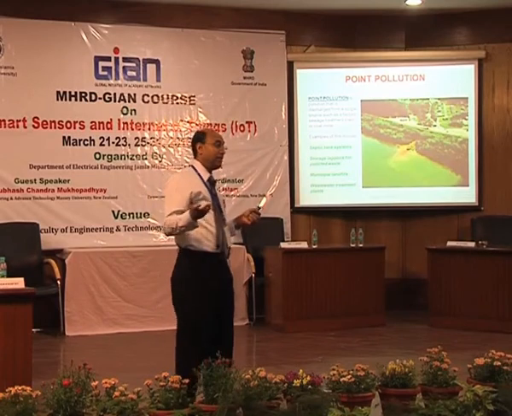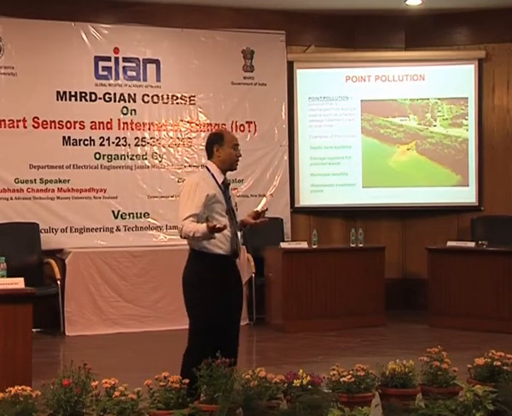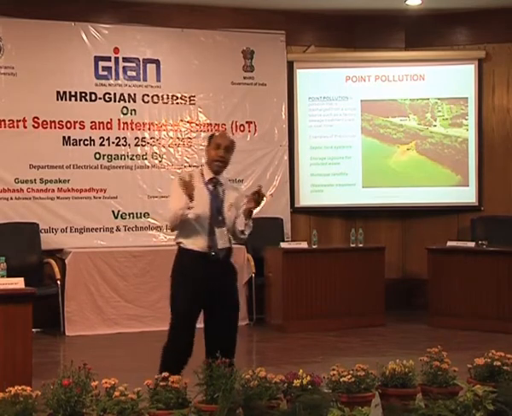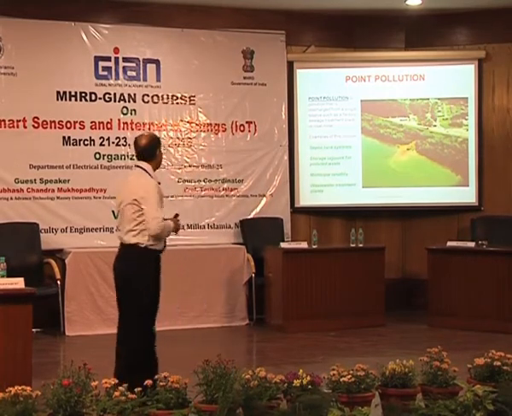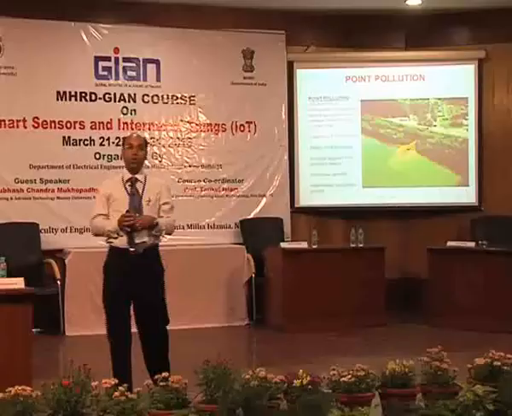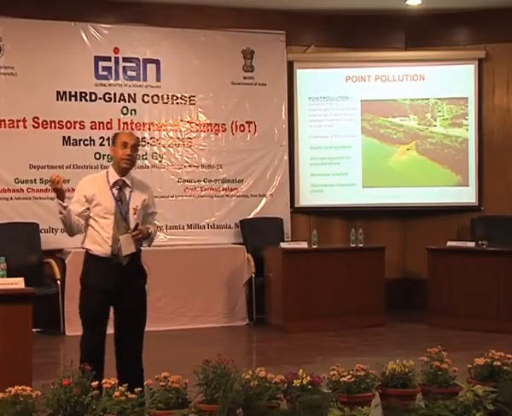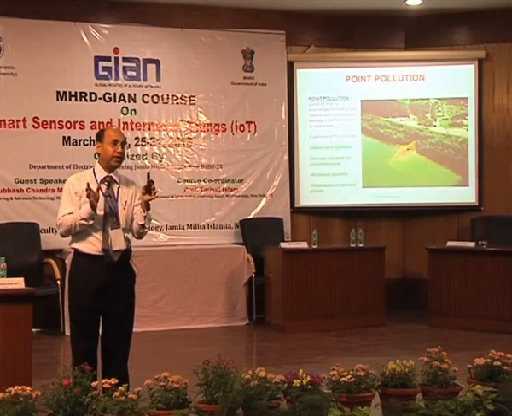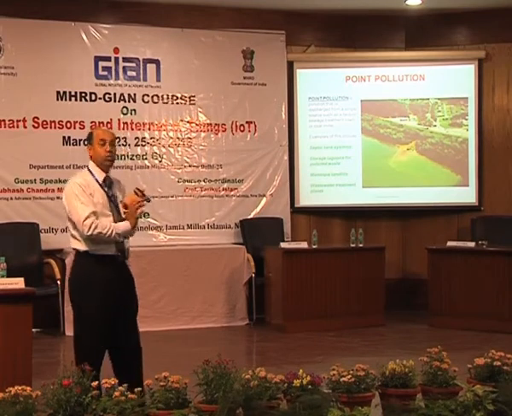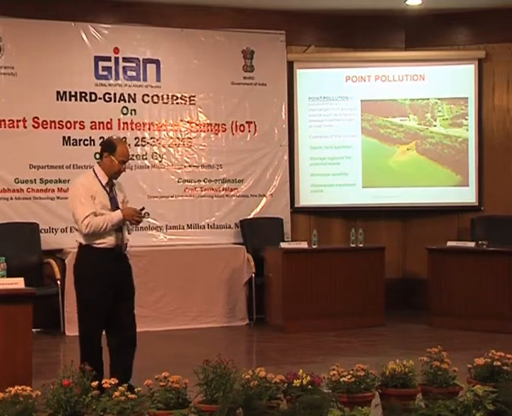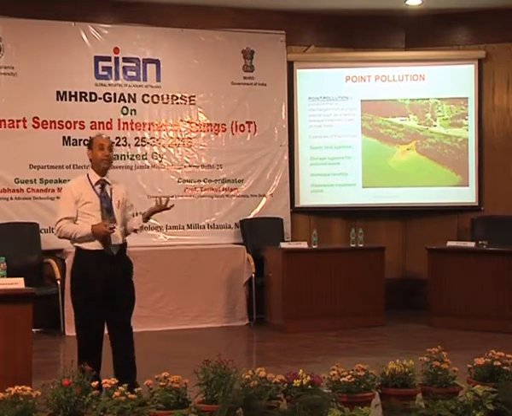But if someday you have a huge amount of rain, you understand? That type of thing can happen. Municipal landfills and wastewater treatment plants. Those are examples where water can be polluted through a single point. And it is very easy to monitor using a sensor if you want to do that. And in many places it can be.